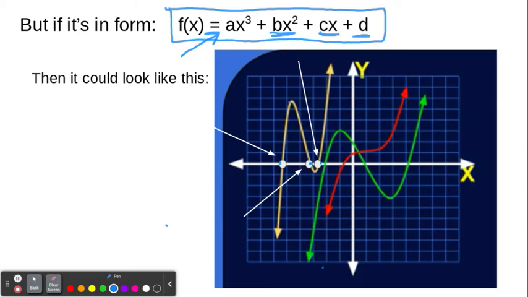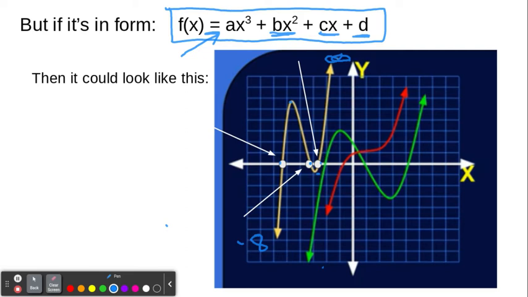It's got a kind of max here, but then it comes back down and it decides to turn around again. It begins at negative infinity, and it goes up to positive infinity.